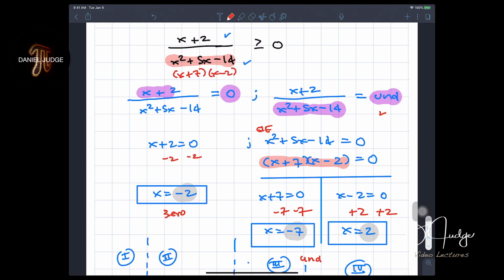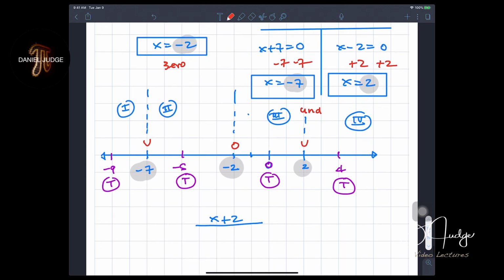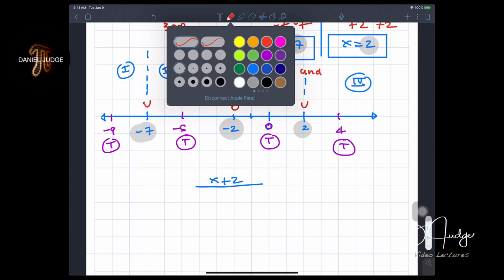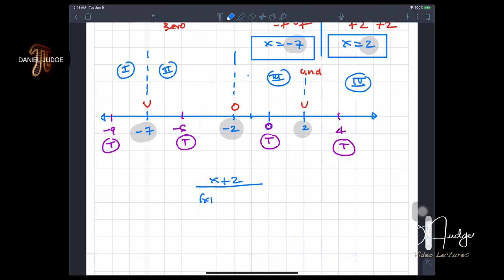Use that version, and I'll show you why. If you use the factored version, that's going to make your arithmetic a lot easier. So x plus 7, x minus 2. Let me show you what I mean. The test point is -9. So I'll plug a -9 in.